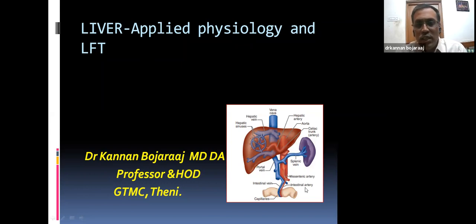We should have knowledge of the applied physiology of this deranged liver function and how to assess the functional status of the liver. That is most essential as far as the anesthesiologist is concerned. That is why we are starting this topic today.